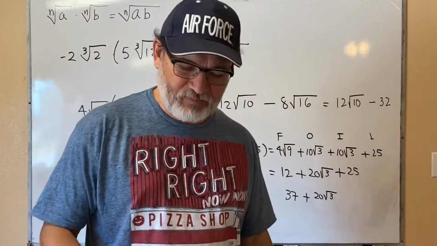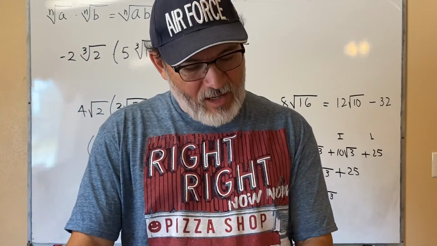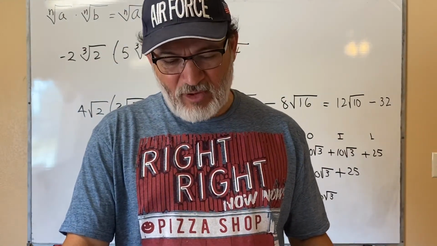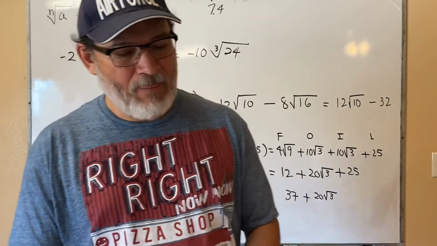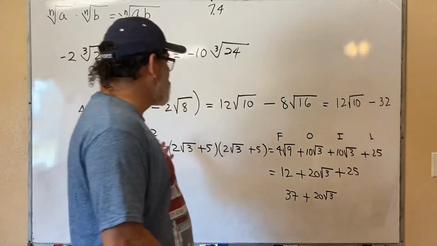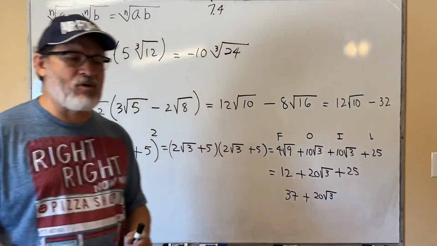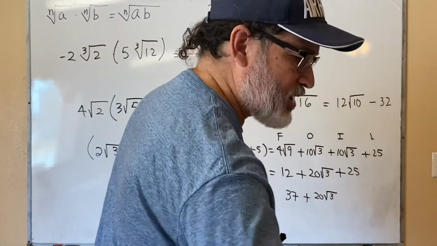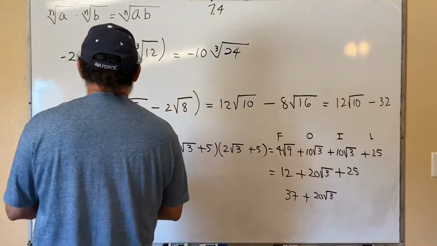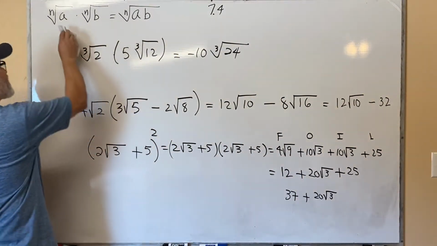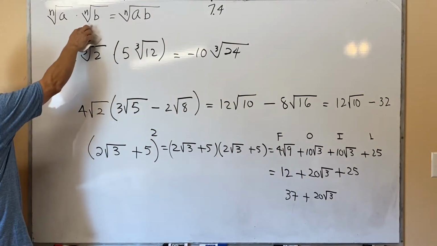Okay? All right. That was beautiful. So here we're multiplying radicals and we're simplifying radicals. Good class? Yes, we are. And all because of this little rule. Look.